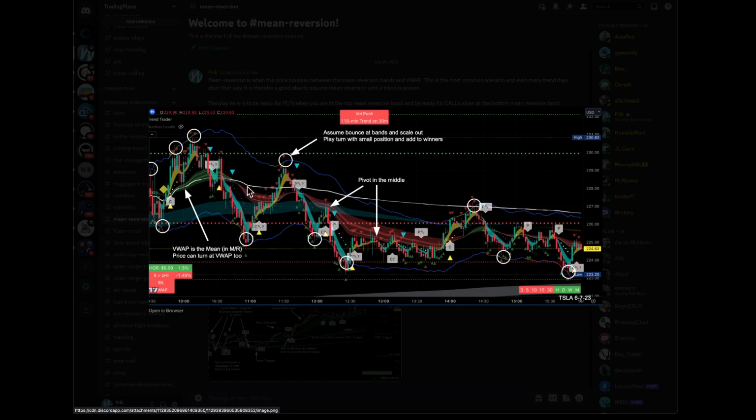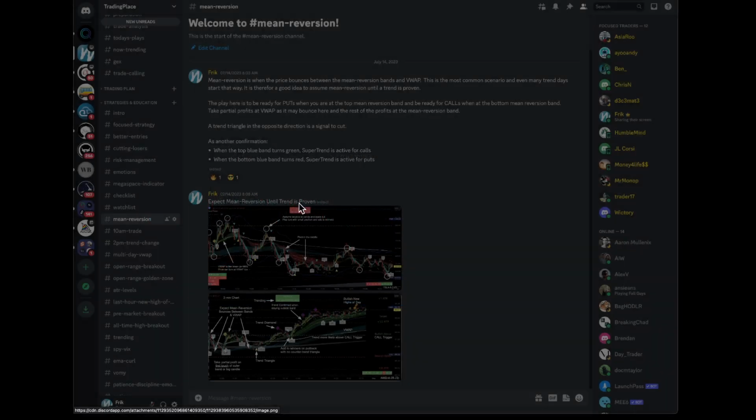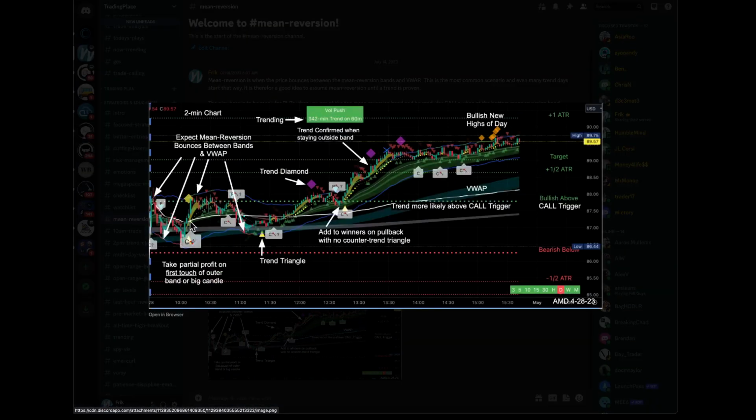So that's the value, the price, the most accepted price. Basically the idea is when you get to the top bands, you want to play puts, and when you get to the bottom bands, you want to play calls until you get to the point of a trend.